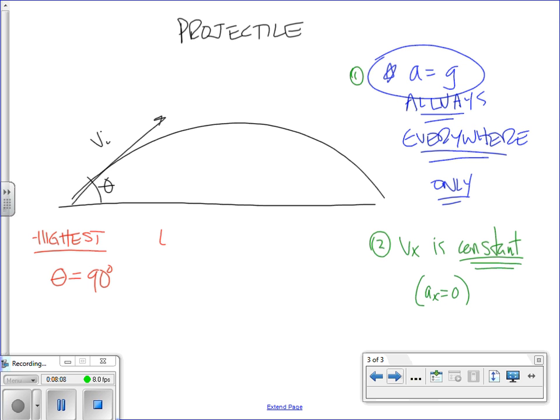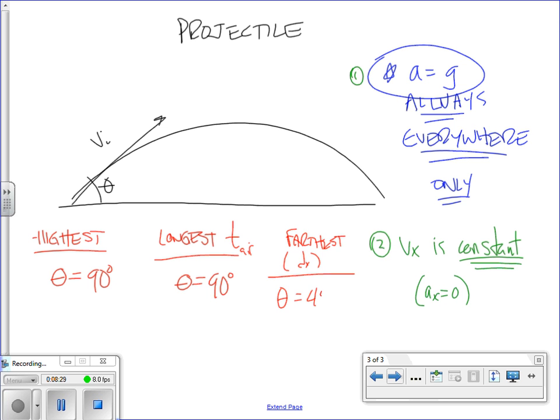To have it spend the longest time in the air, shoot it straight up. Duh. And to make it go the farthest dx, that is, theta equals 45 degrees. All right? If that's a surprise to you, I'm sorry. That's the answer. Okay? So that's some projectile stuff.